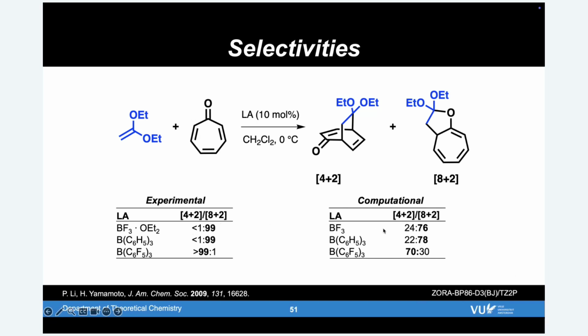So we're talking about very small differences in your delta delta G double dagger. So we were happy to computationally see that the 8+2 was preferred with boron trifluoride. The 8+2 was also preferred for this Lewis acid, and then we saw the switch in regioselectivity here.